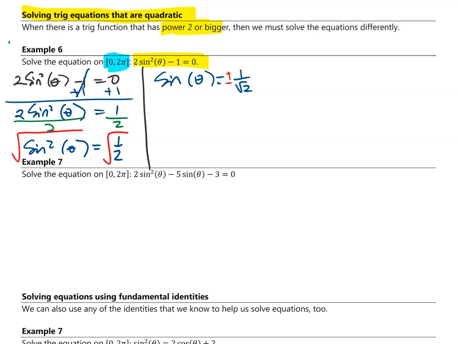If we simplify 1 over square root of 2 to rationalize the denominator, 1 over square root of 2 multiplied by square root of 2 over square root of 2, that is square root of 2 over 2, since 2 times 2 is 4 and square root of 4 is 2. Then inverse sine, so that theta is equal to, let's use the positive first, inverse sine of square root of 2 over 2.